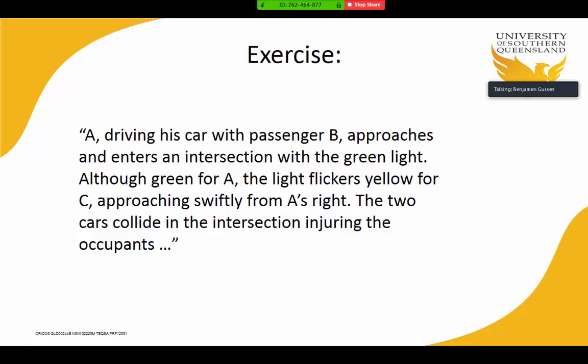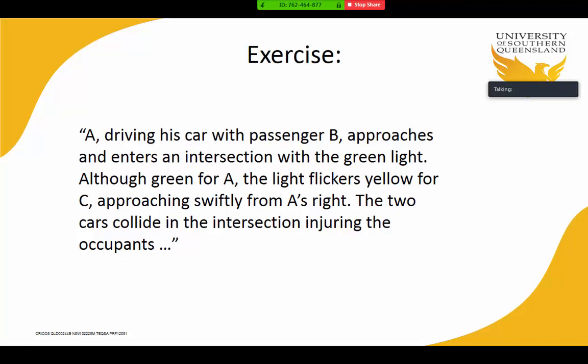I didn't tell you there was a problem with the lights, did I? All I said is that this is what they saw. This is a fact. Green for A, flickering yellow for C. Now you need to use that fact and infer that there must be a problem with these lights. And you have to write that in your answer.